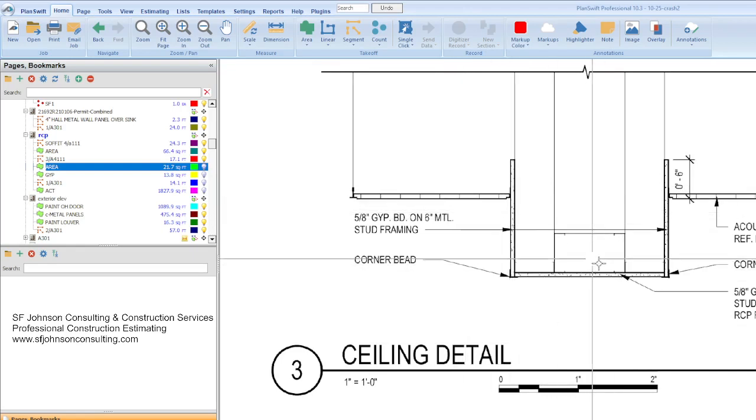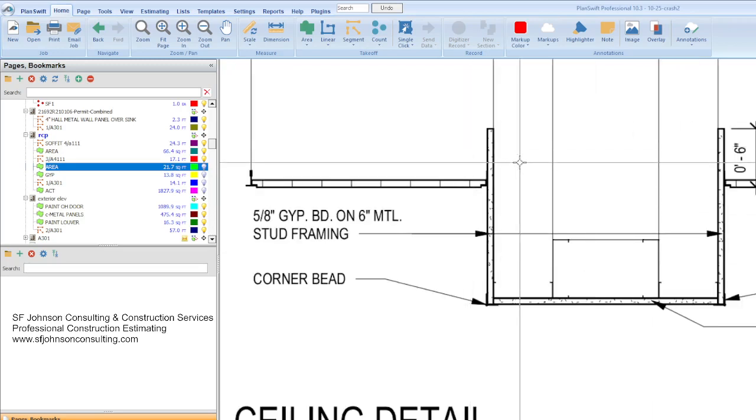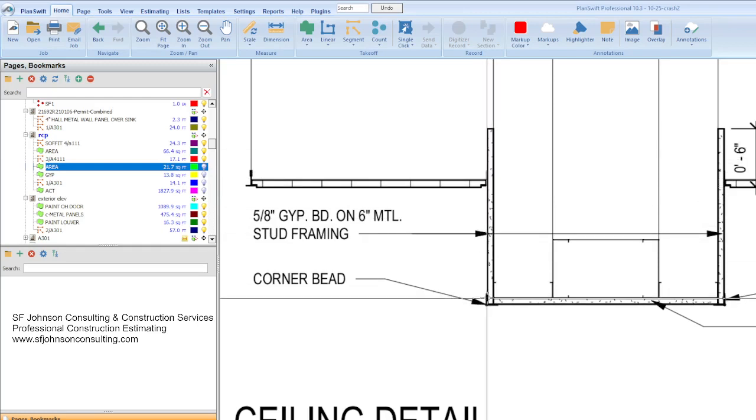And so for this length, I have to determine a square footage. Square feet is length times height. Each one of these is about a foot, plus that 6 inches above the ceiling. So that's a foot and a half, and another foot and a half, which is 3 feet.